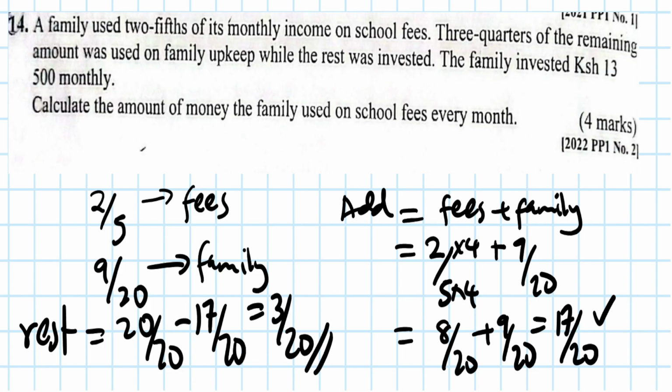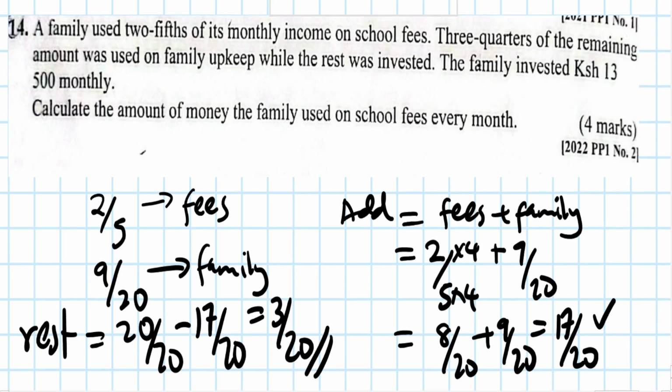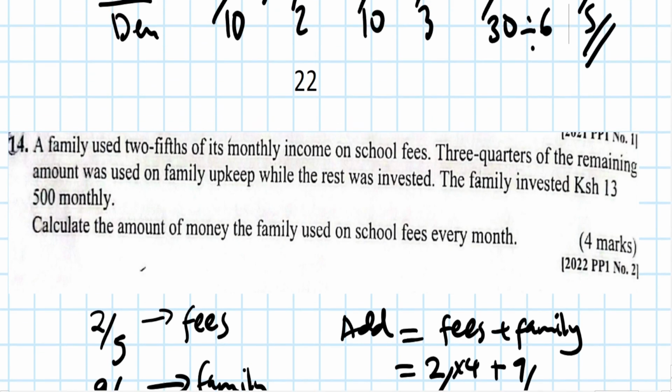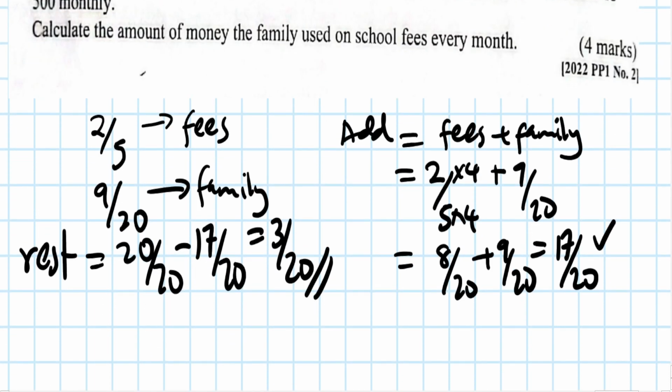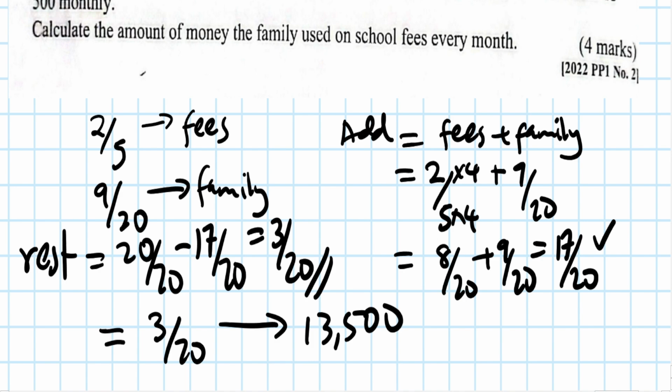So they invested 13,500, which means that whatever they remained with, 3 over 20, is equivalent to 13,500.